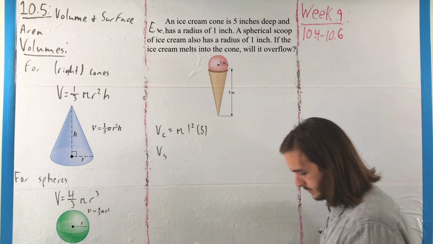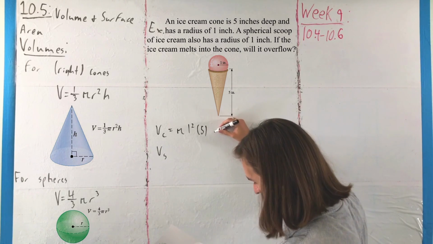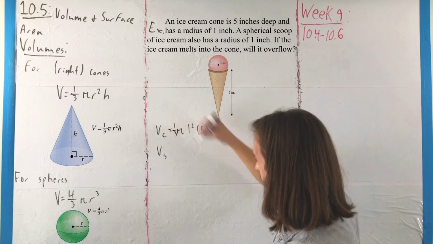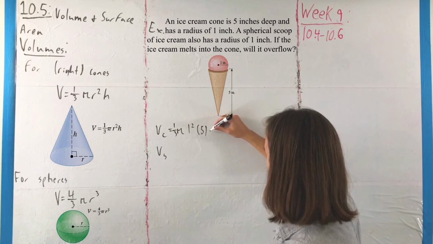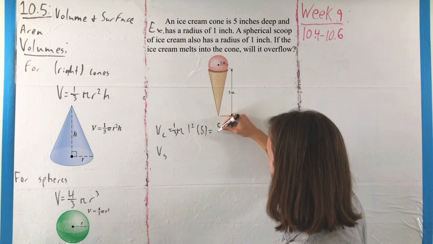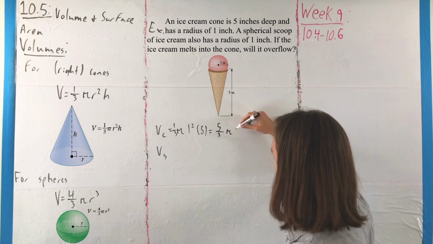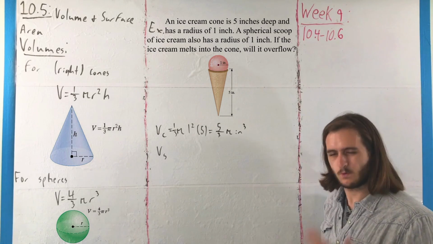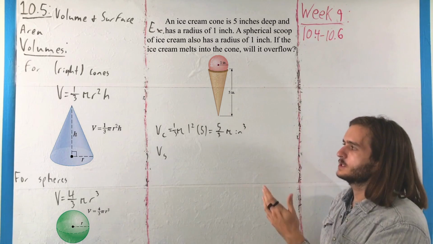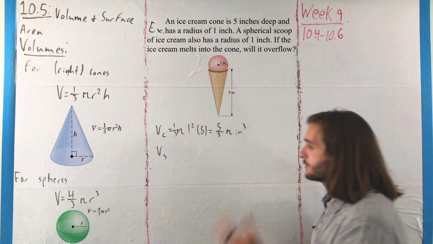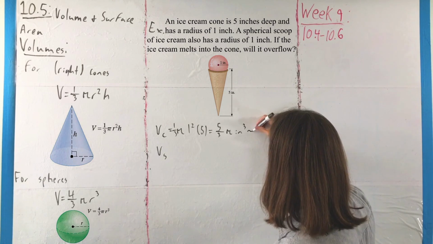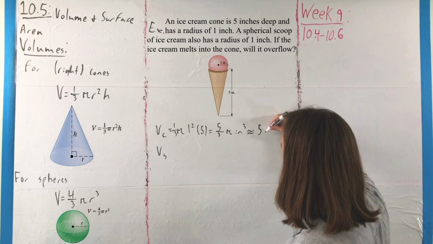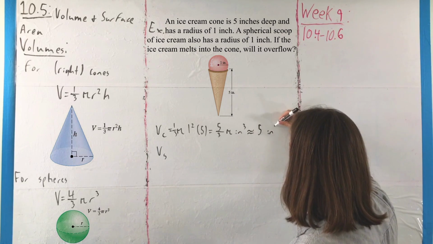So what we're going to end up with is 5/3 pi cubic inches, where pi is 3.1415 and then so on. So we'll say that pi is about 3. That means our volume in this case, canceling out the pi with the 3, is about 5 cubic inches of cone to work with.